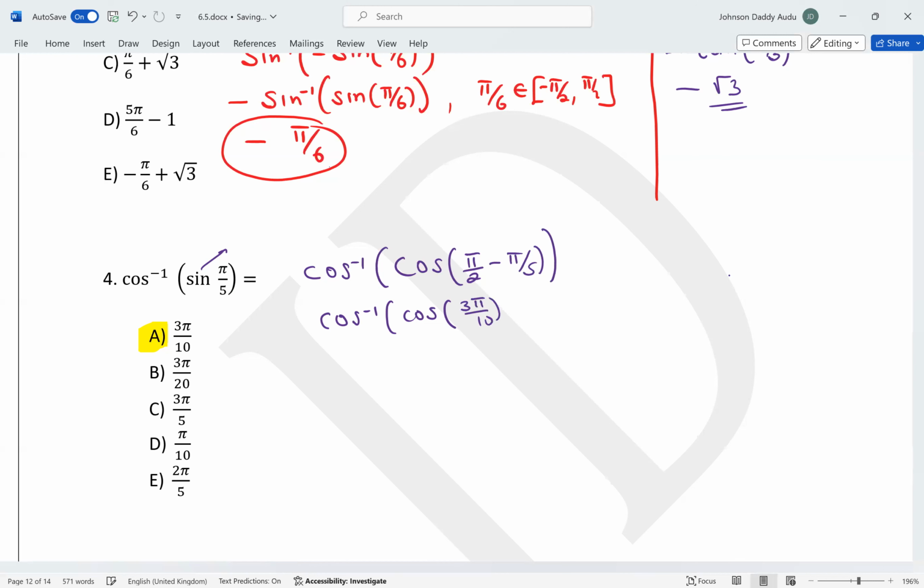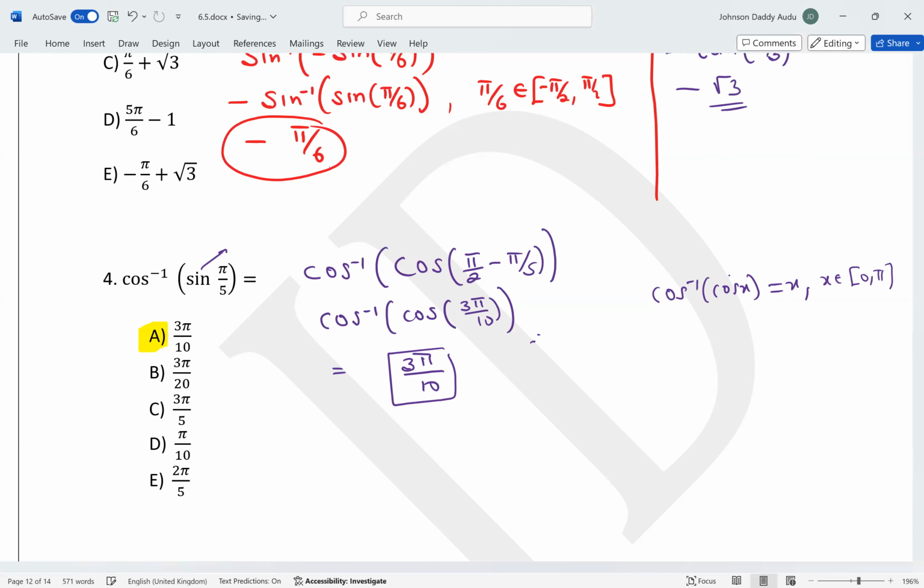Okay? So now we need to check, but recall that if you have cosine inverse of cosine x, this is equal to x if the x is in 0 to pi, right? So here, our answer is just 3 pi over 10. Why?